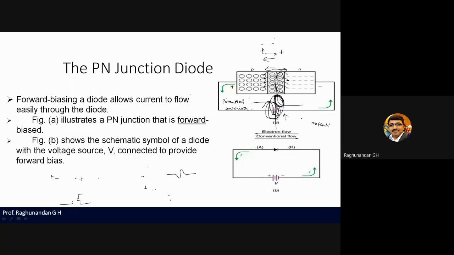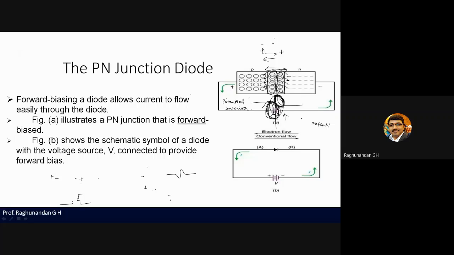the N region, because this is having a positive potential barrier, and this region is going to oppose the flow of electrons to the P region, because they are going to act as a negative potential barrier.